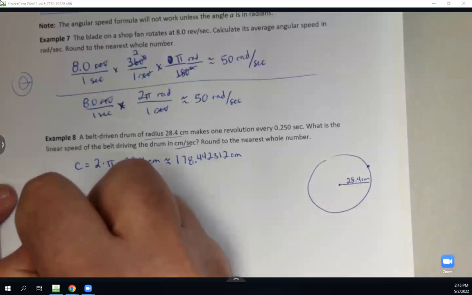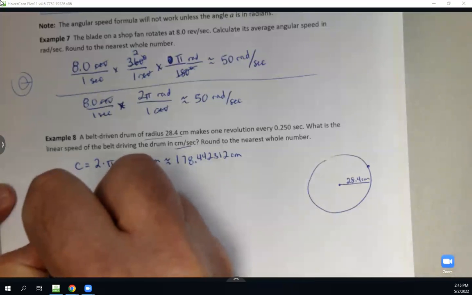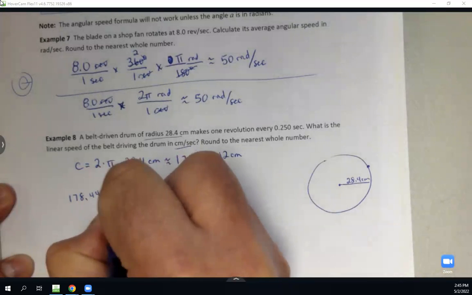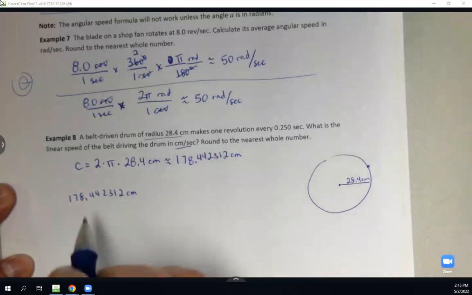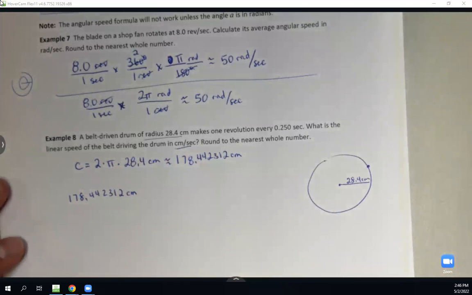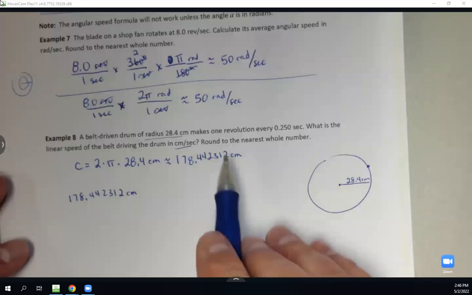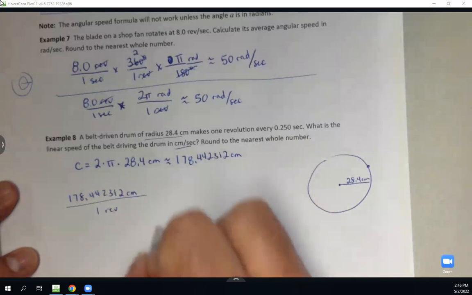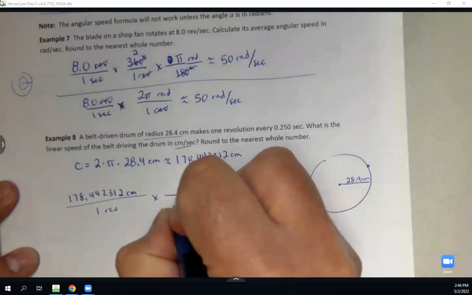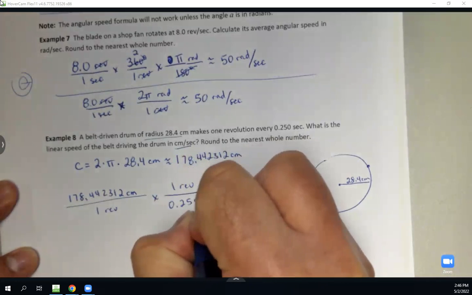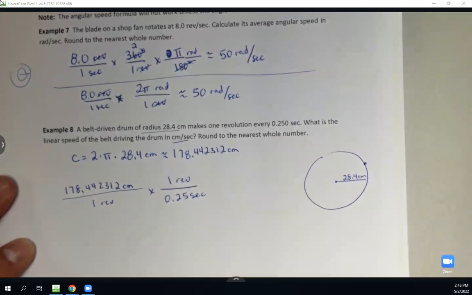So if we're traveling 178.442312 centimeters for each revolution, and we know that it's making 1 revolution every 0.25 seconds, if I multiply that by 1 revolution for every 0.25 seconds, the revolutions are going to cancel.